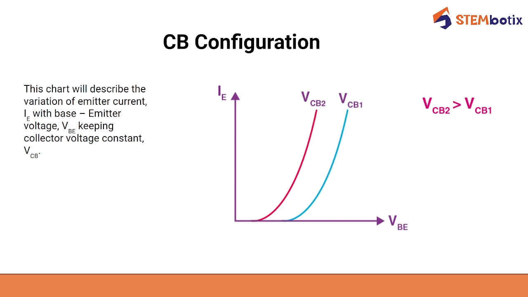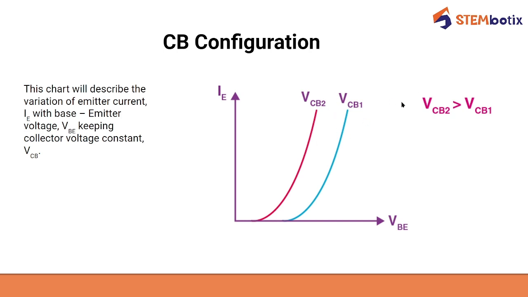For CB configuration, in input characteristics you are seeing the input voltage. Here the IE versus VBE graph is plotted. This is for common base configuration, in which the base is common for both input and output circuit.